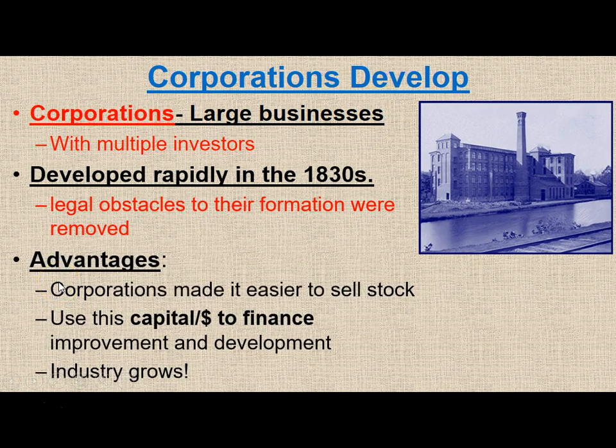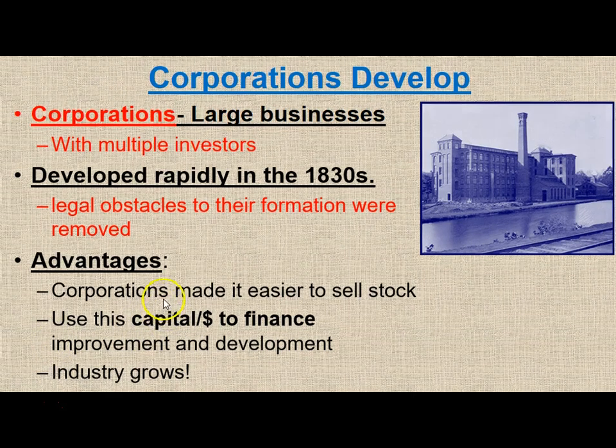It's separate and safe. It encourages investment. So these corporations will sell stock to other people that want to make money from the growth of profits made from this particular business or industry. They can use this capital to finance their growth and develop new gadgets or thingamajigs. And because of this, industry grows.